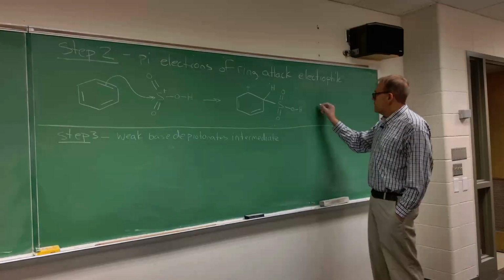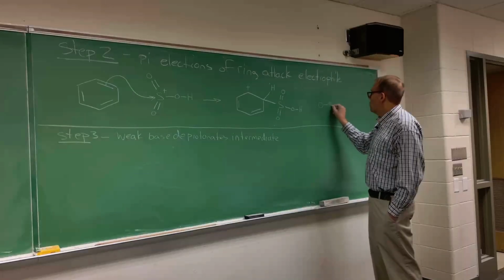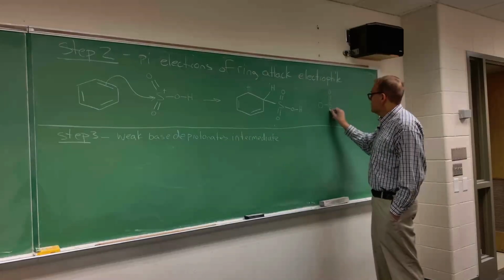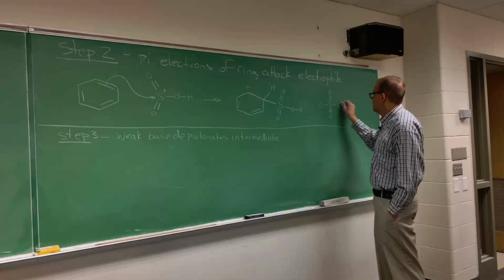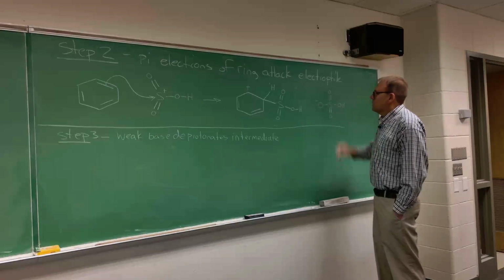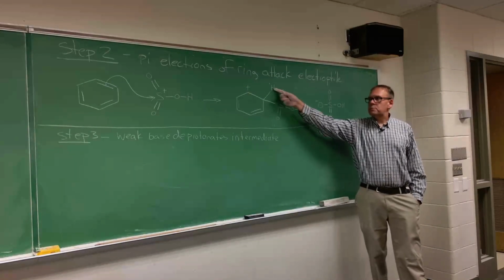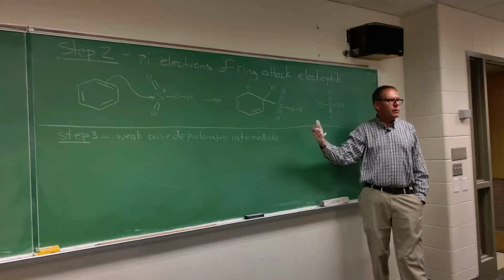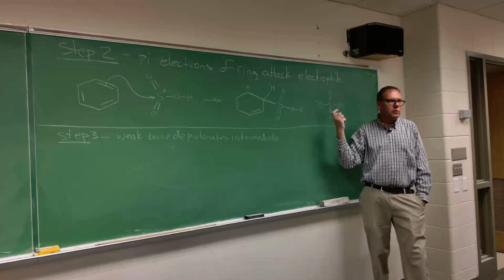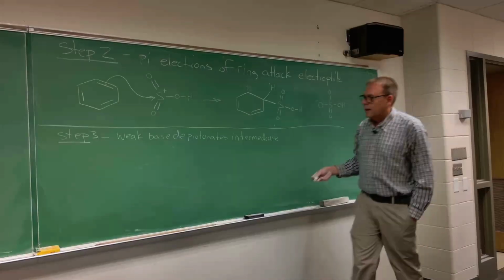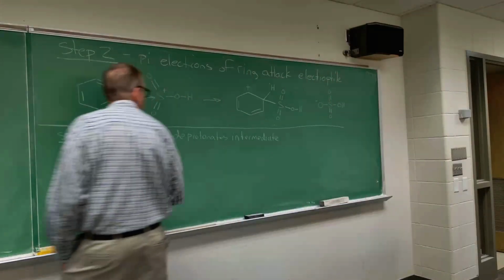In this case, I'll just draw in what we have. The other thing that's in here is hydrogen sulfate. So in the next step, we're going to have to come up with a weak base to pluck this proton off. The best weak base we have around is actually this one. It's the only weak base we have around. So let's go draw that next step down here.